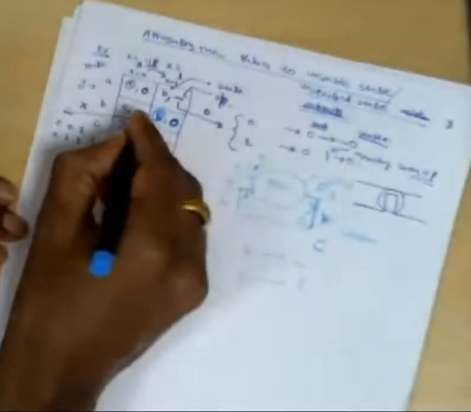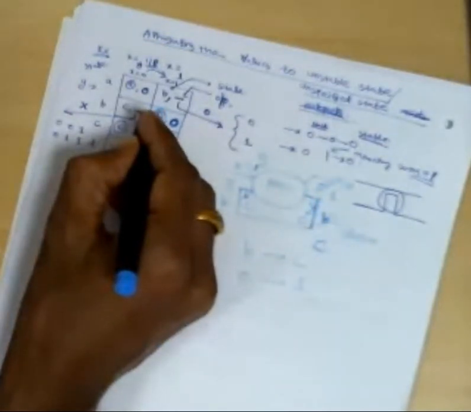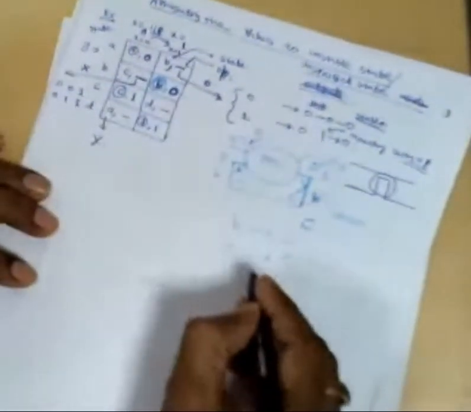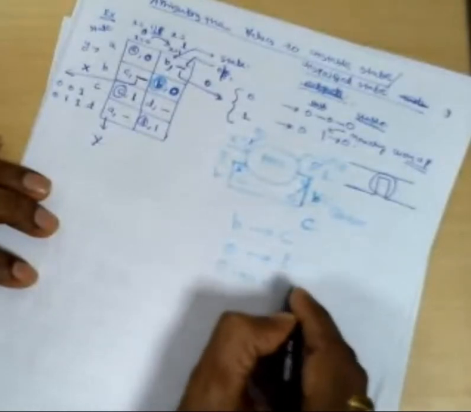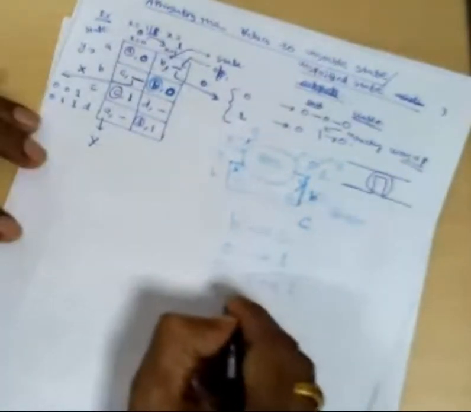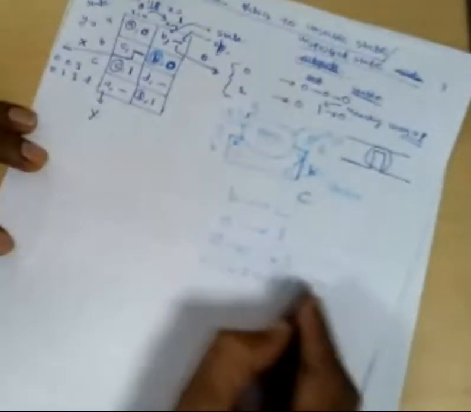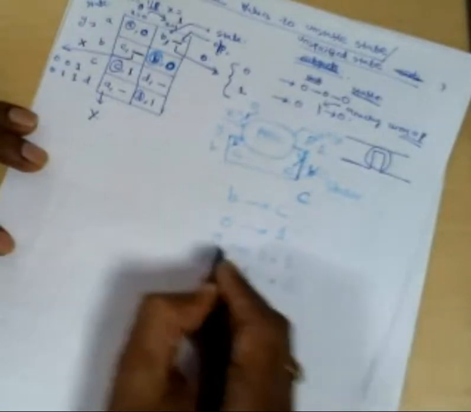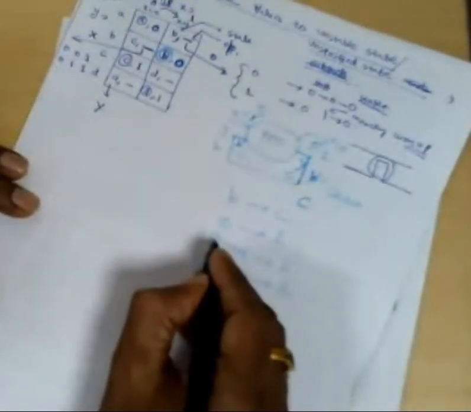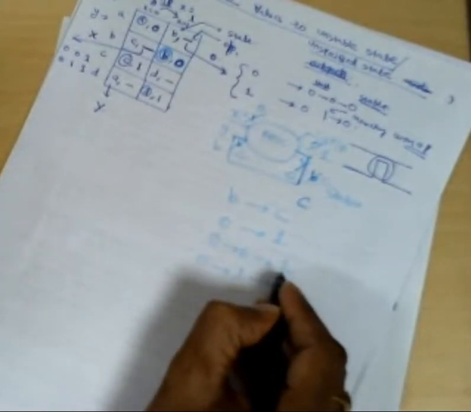We have to assign some output here. The unassigned output should be replaced by some value. When it is going from 0 to 1, if I assign 0, then it is 0, 0, 1; if I assign 1, it is 0, 1, 1. In the first case, this 0 is retained till completing the transition.